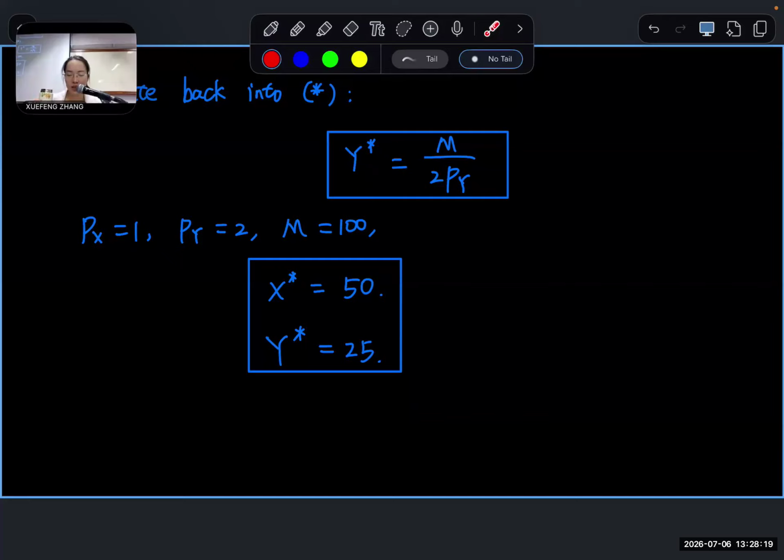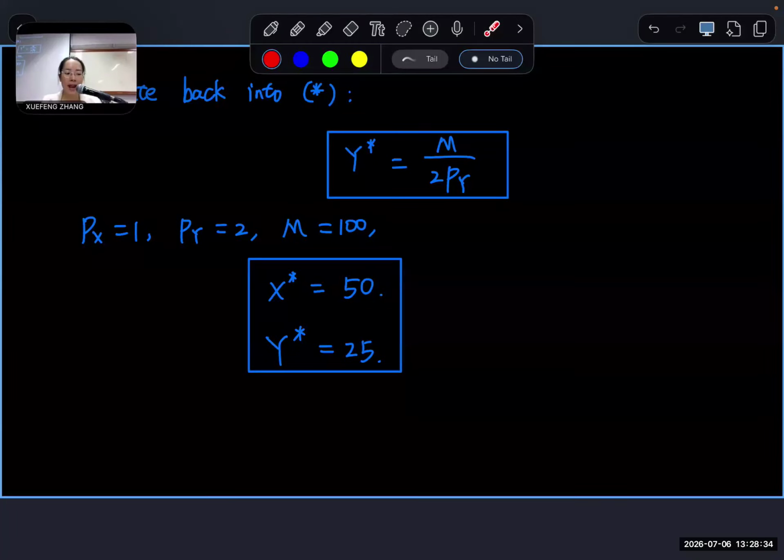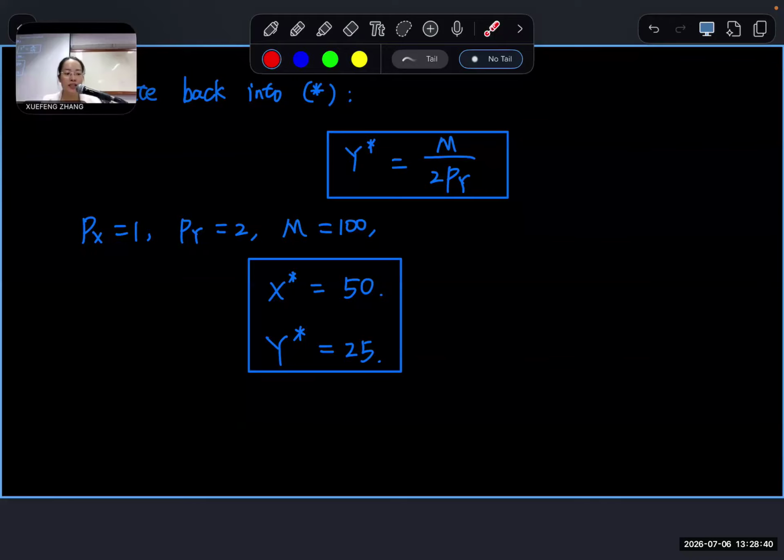You just used the MRS. Okay, next I'm going to compare the Lagrangian method and the MRS method, so you will see what the difference and similarity are, and when you should use which method.